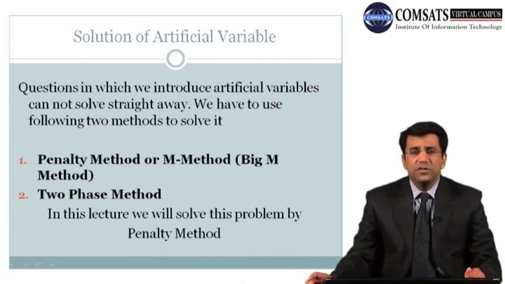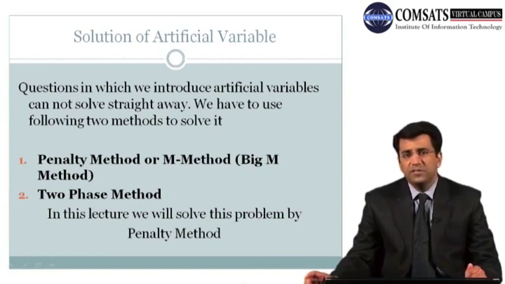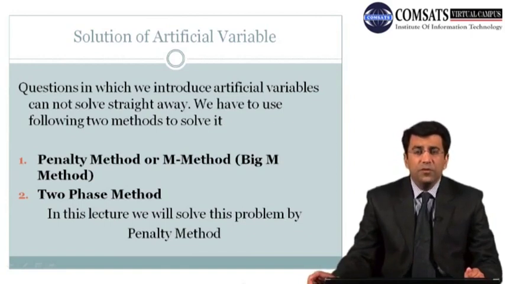But at this point, because this is a different case, and now we have the artificial variables as well in our equations, we cannot solve these equations in the same way as we solved the problem in the previous lectures.